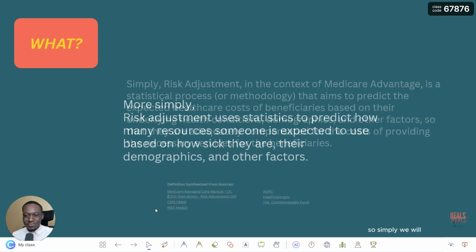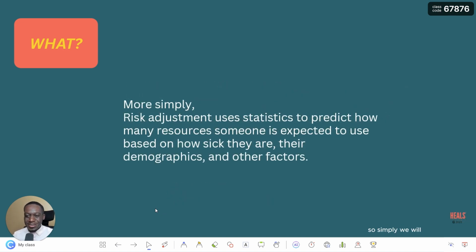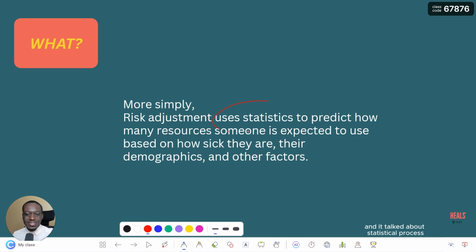So simply, we will talk through risk adjustment as a statistical process. It uses statistics, and what is it using the statistics to do? It is using statistics to predict how many resources someone is expected to use, right?